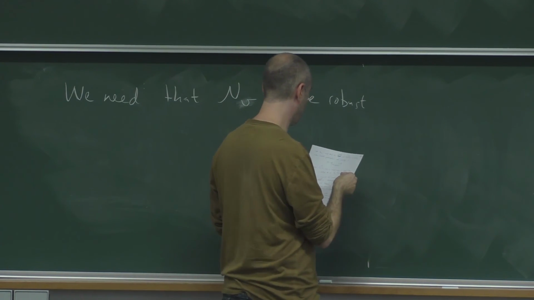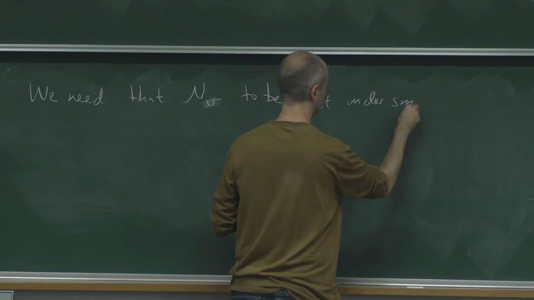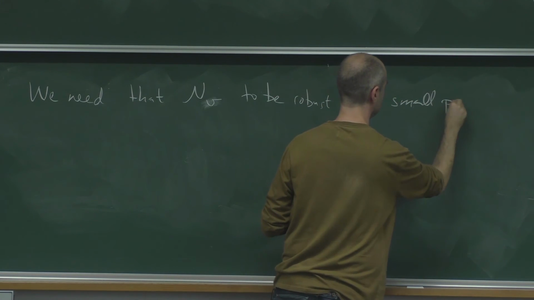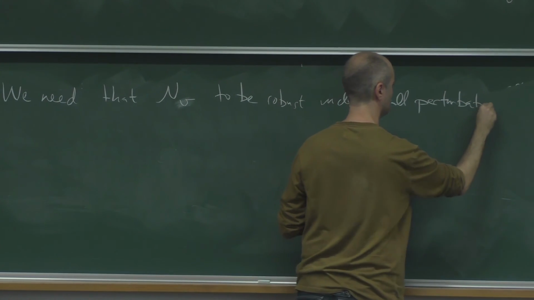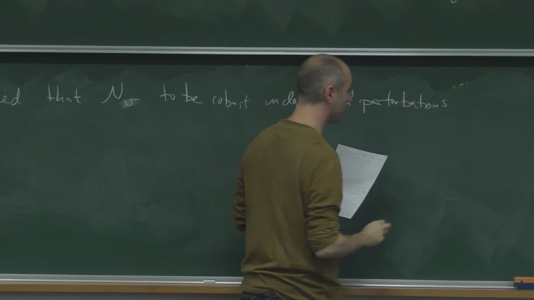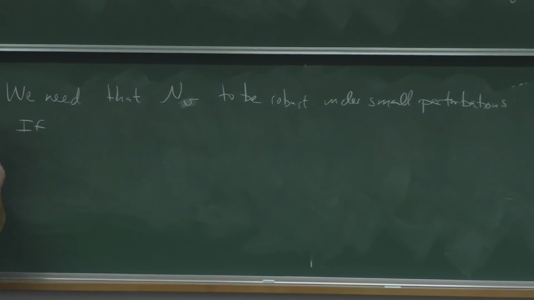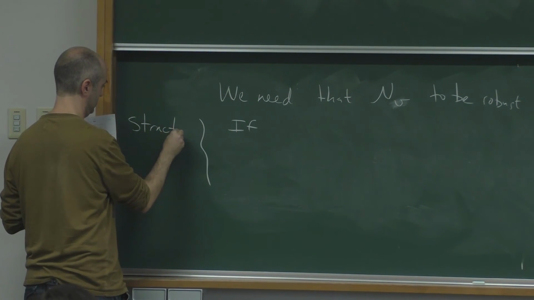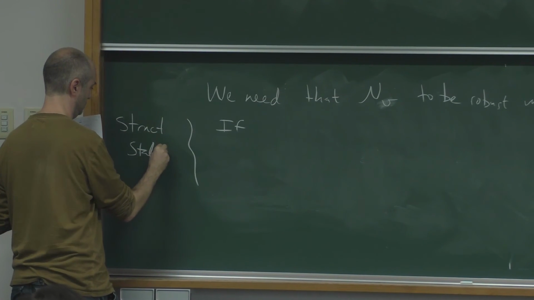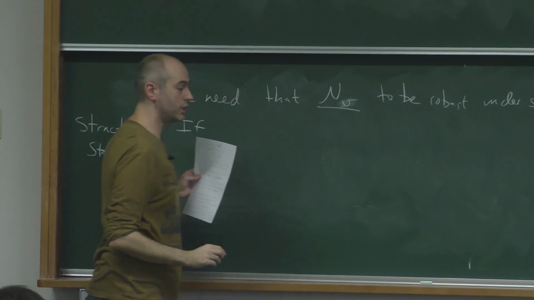So this means be robust under small perturbations. So more precisely, this will be the definition of the structural stability, of this N of v being structurally stable.